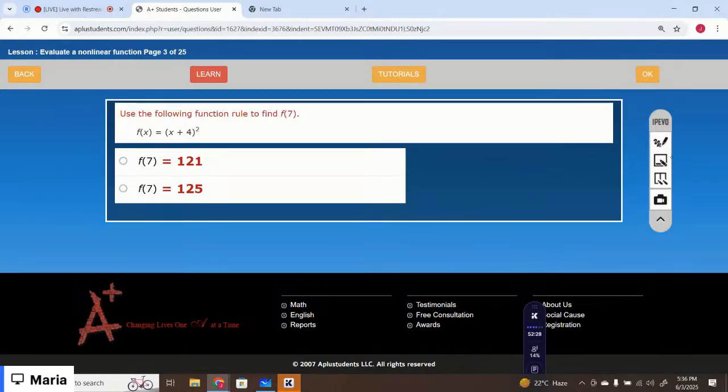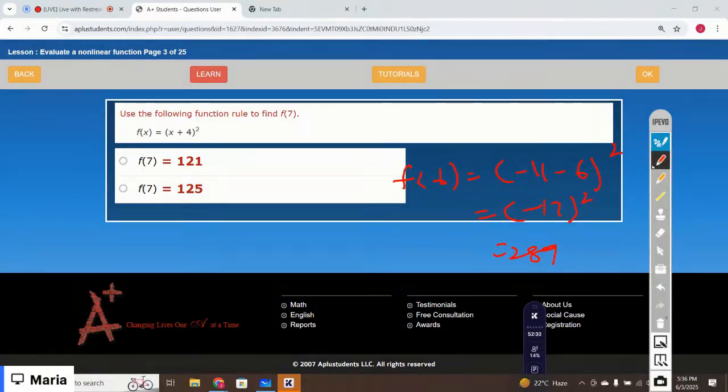Use the following function to find f of 7. So that is 7 plus 4.